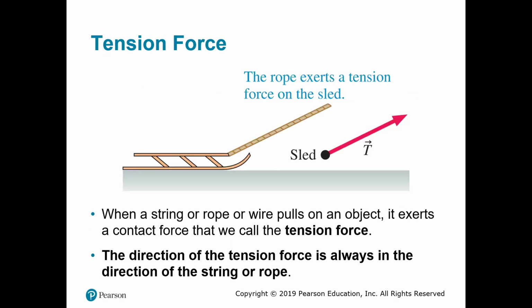And tension, we'll use this force over and over, right? So a rope exerts the tension force on the sled. The direction of the tension force is always along the string or rope.